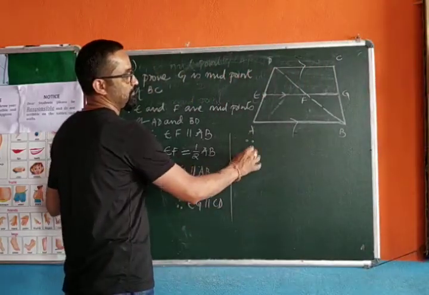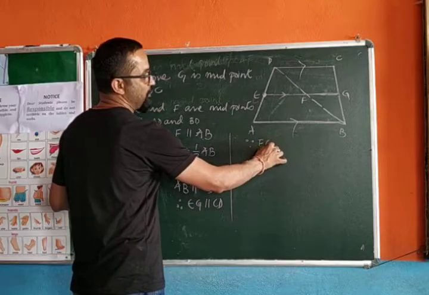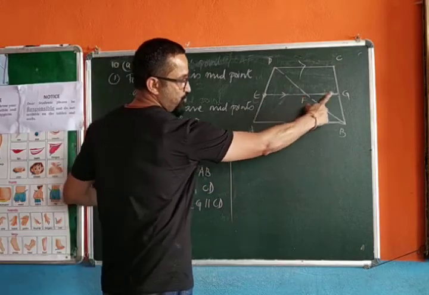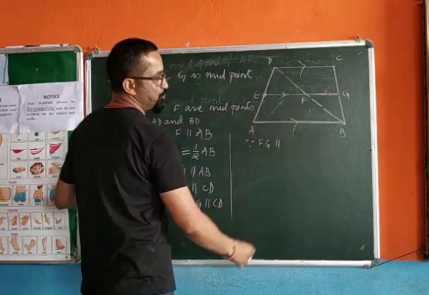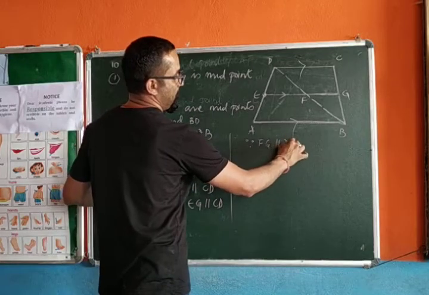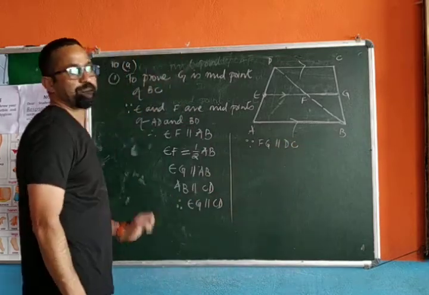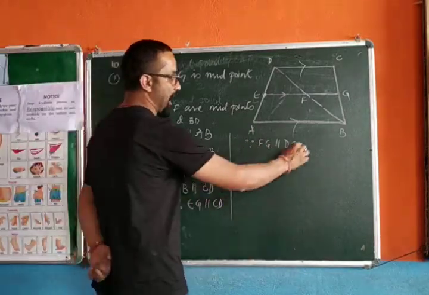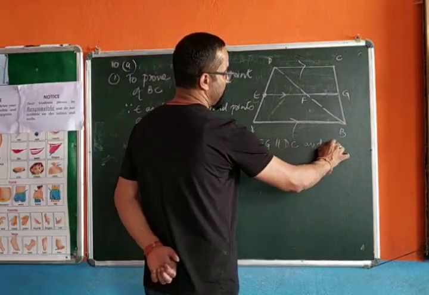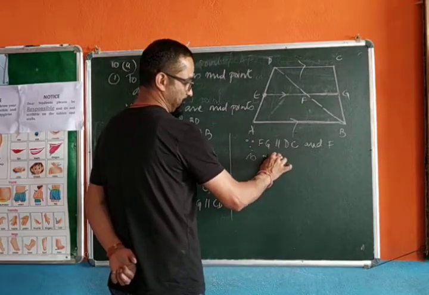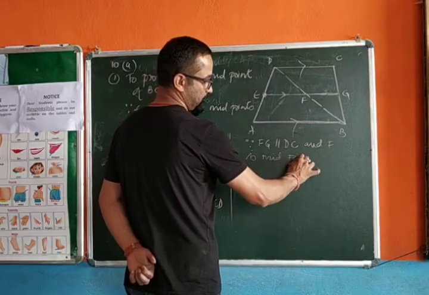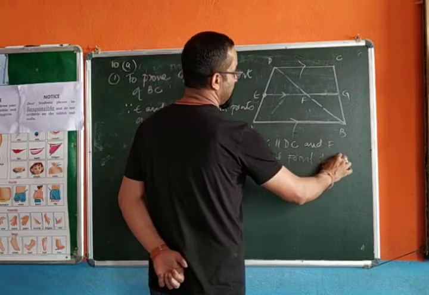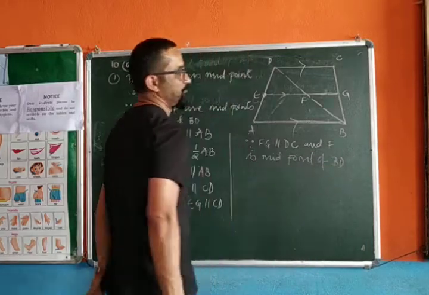Since FG now, FG is parallel to DC and F is midpoint of BD.